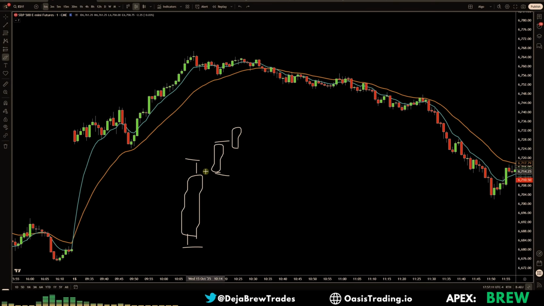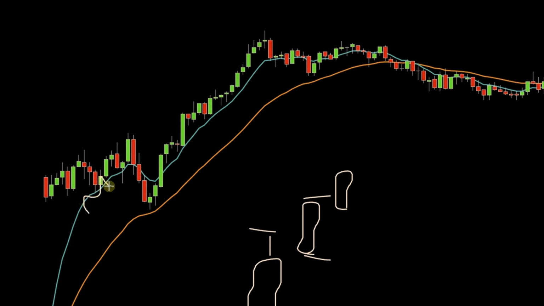If I consider this 8 EMA, which by the way is the teal line on my chart, the 24 EMA is the orange line, if I consider this the most aggressive value line, then I want to be a trader around that average if I am being an aggressive trader.